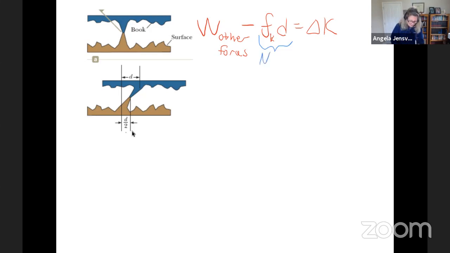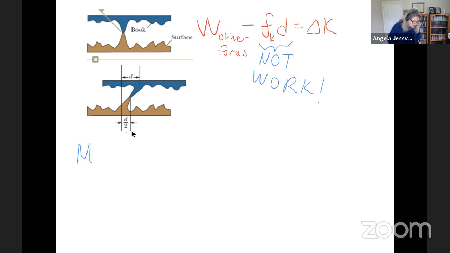It is not work. Why isn't it work? Because you're taking the friction force and you're not multiplying it by the displacement of the point of application of that force, which is the definition of work. So you could say it's the amount of energy that is transferred from mechanical energy into internal energy.